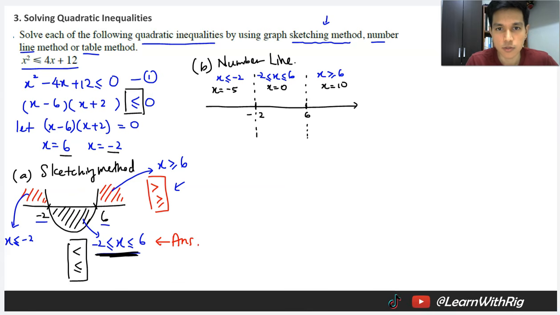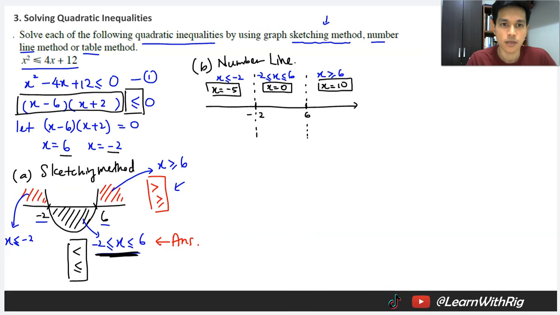What you're going to do is substitute each of these values into your equation, which is what you found here. Substitute into your equation, and what do you get? You want to know, are you getting a positive value or a negative value? That's what you want to find out.